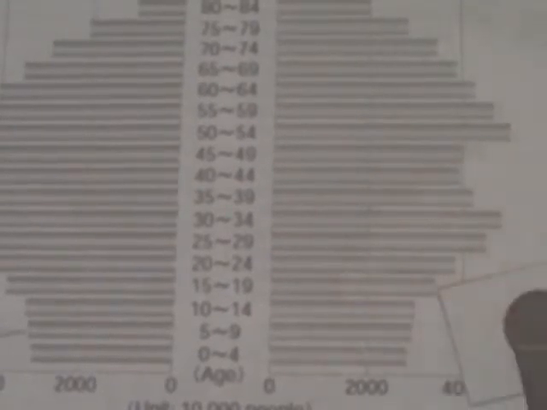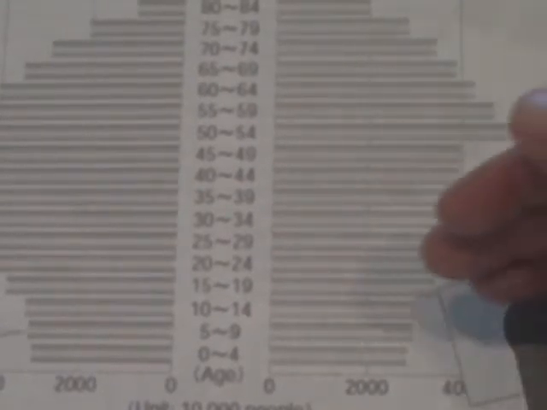And then here you have the cup. The cup is still a developed nation, but they have negative growth. They have a low birth rate, and as the years go on, the population is going to be shrinking. But they do have a long life expectancy.